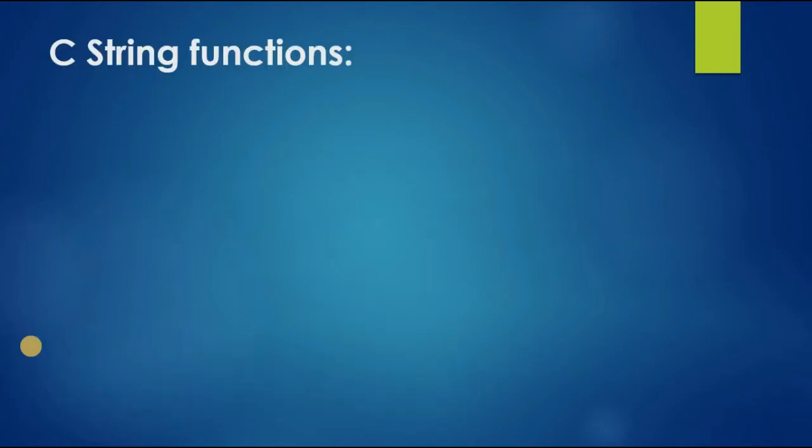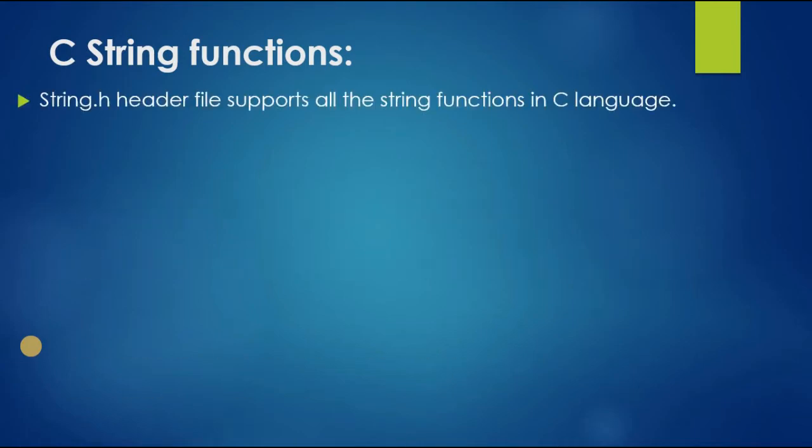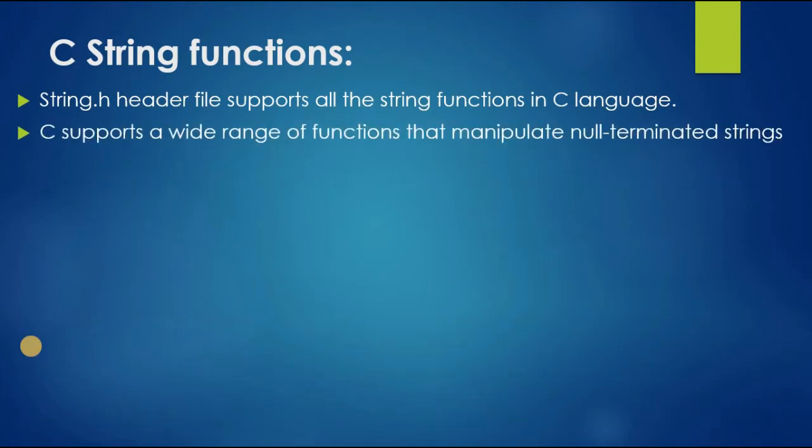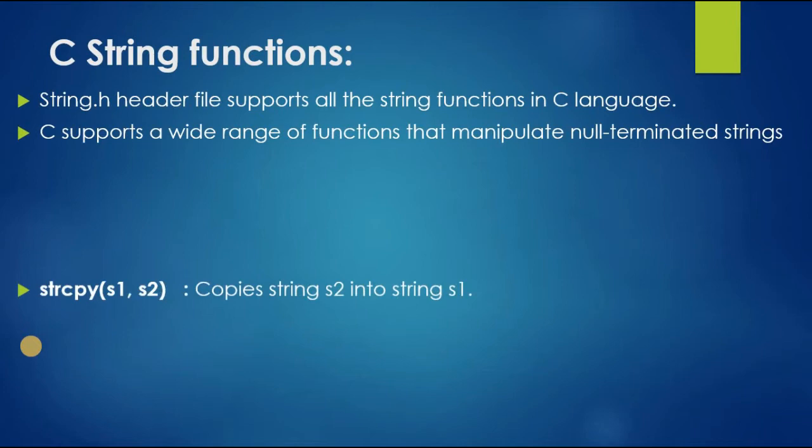Now we will see the string functions in C. The string.h header file supports all the string functions in the C language. C supports a wide range of functions that manipulate null terminated strings.